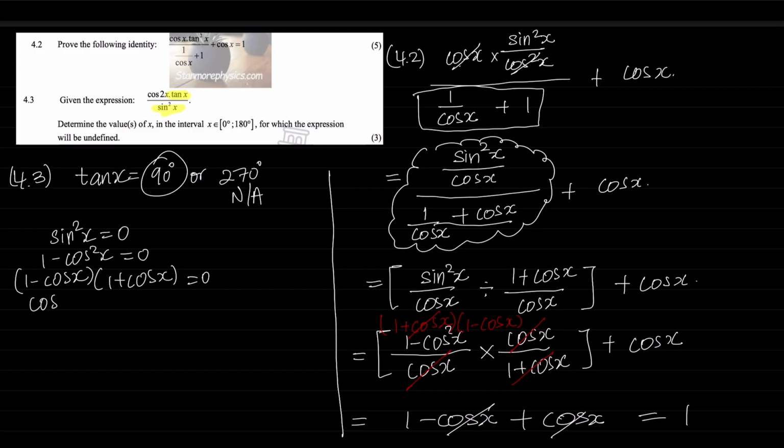That means that cos x is equal to 1, or cos x is equal to minus 1. Then we can solve for x. We get x is equal to 0 or x is equal to 180. And so we got our solutions being 90, 0, and 180. So those three solutions will give us an undefined expression.